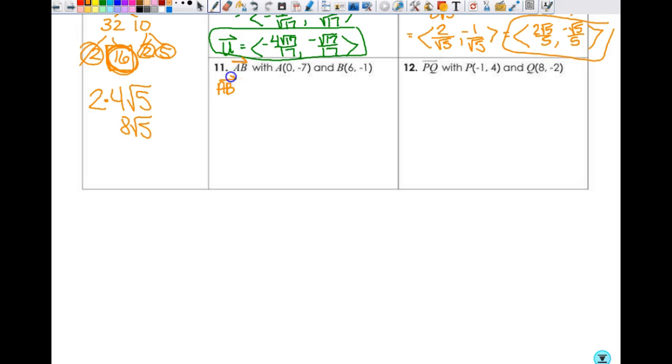You can't mix these around. This has to be 6 minus 0 and negative 1 minus a negative 7. And watch your signs because it's so easy to mess it up. This gives me 6, and then 1 minus a negative 7 makes it plus a positive, so you get 6. So I've got 6, 6. All right, so you do the rest of that one. You can do it.